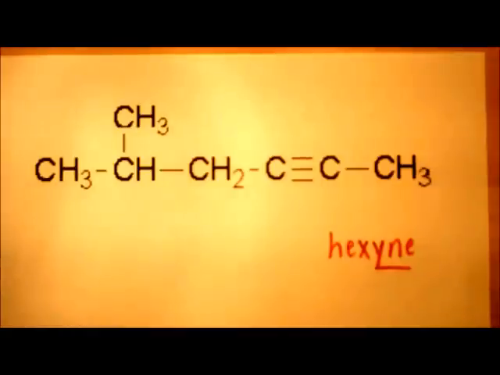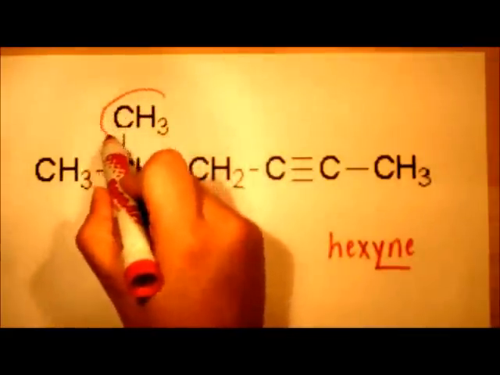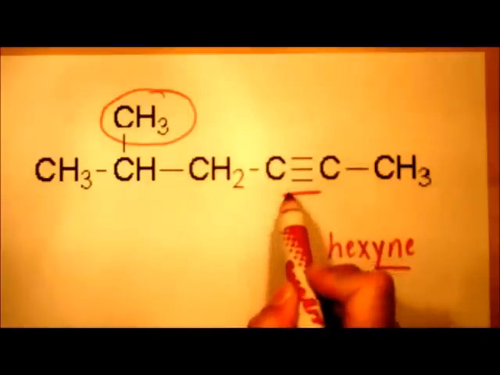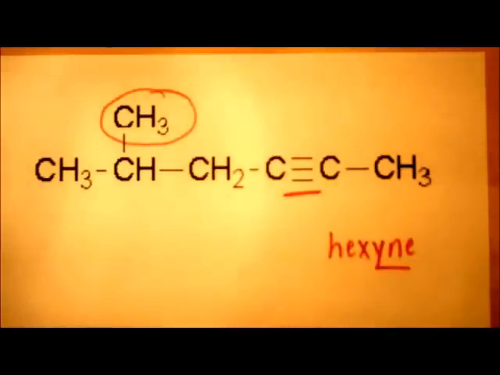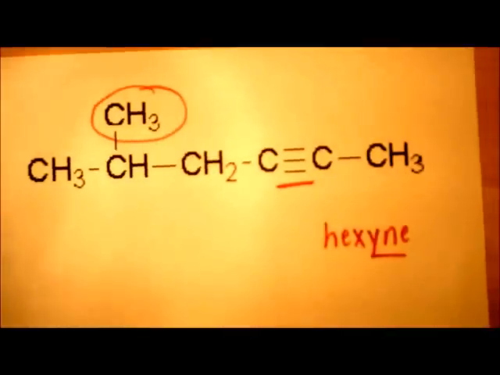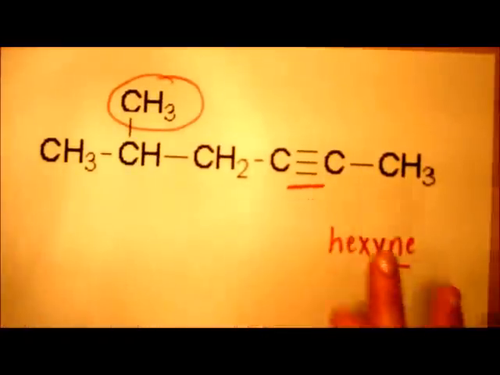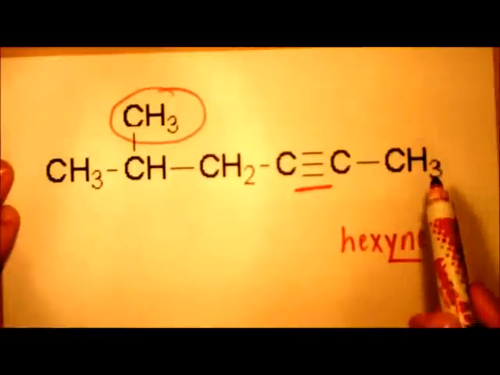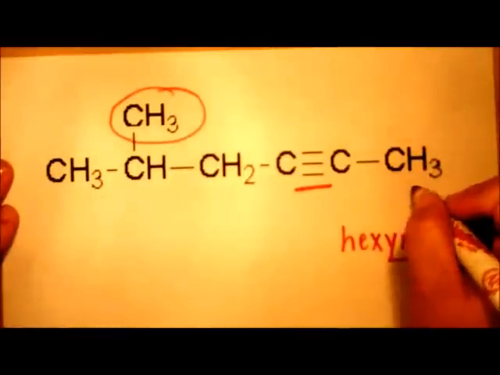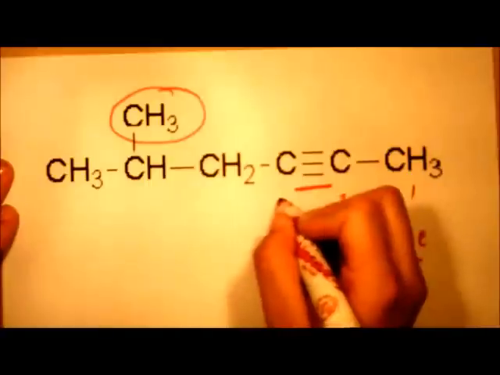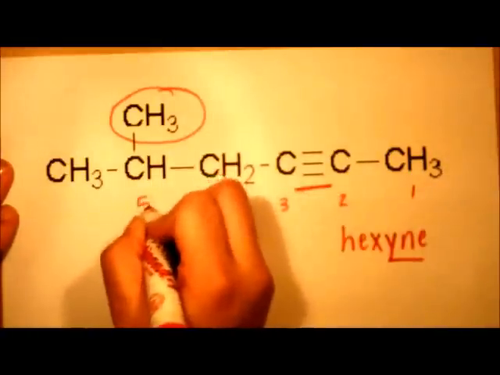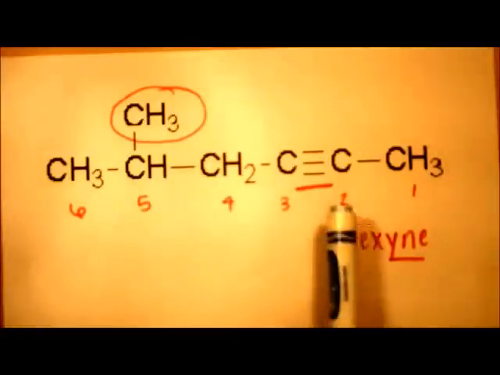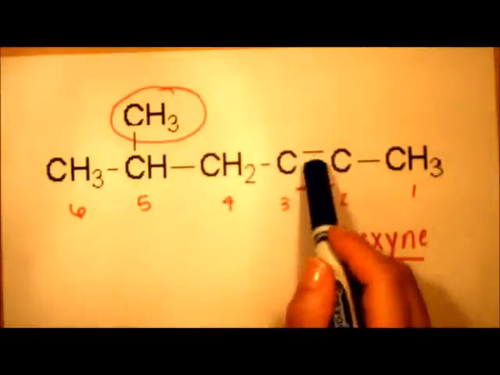And we have a branch right here that we must also name, and we need to pay attention to our double bond. Our triple bond, I'm sorry. So we'll go ahead and name so that the triple bond has the lowest number. So that means we need to start naming from the right, making this 1, 2, 3, 4, 5, 6. So that would mean our triple bond is at 2.